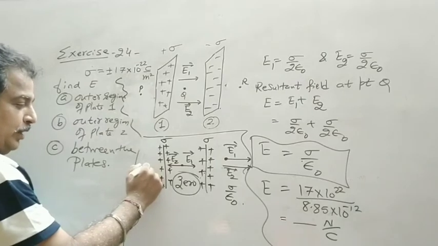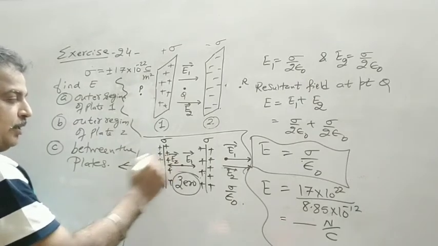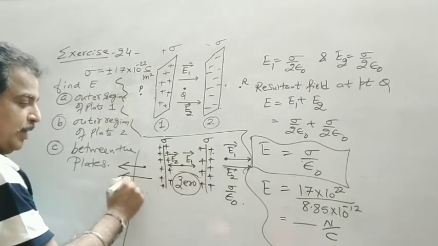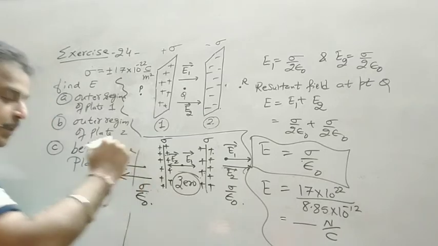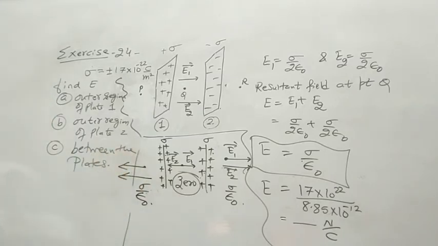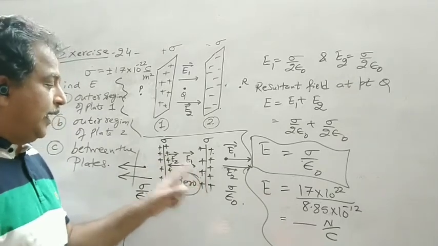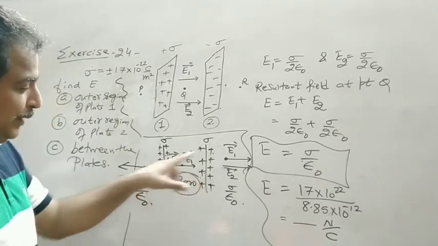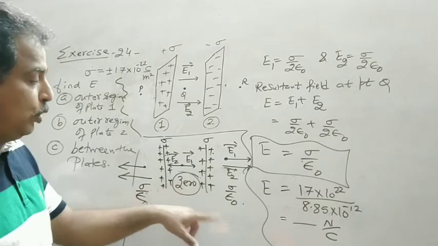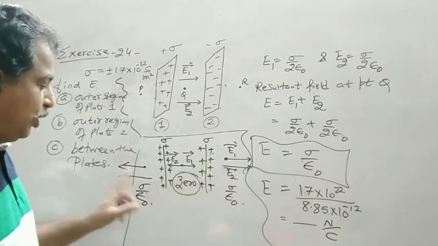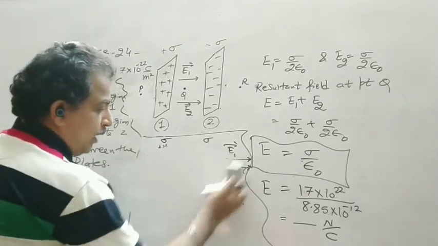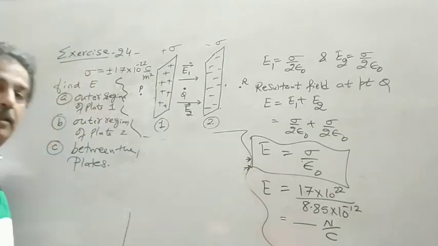Here also, if I keep a test charge, repulsion. Due to this repulsion, again I get the answer sigma upon epsilon naught. So if two plates are positively charged, the electric field intensity between the two plates is 0. Outside you will get sigma upon epsilon naught on either side.